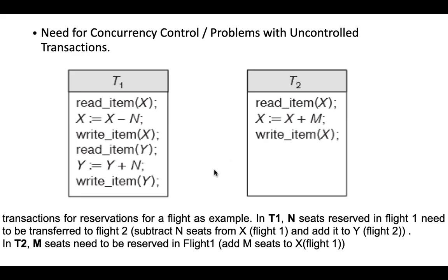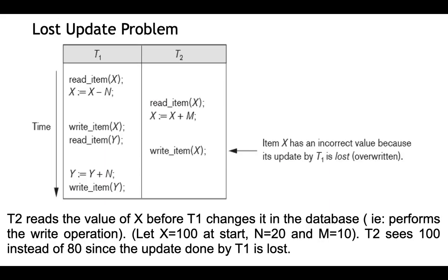Whichever example you use is okay, just try to understand the point. If T1 or T2 occurs one after the other, things are fine, but we can never guarantee that. So let's see what issues can occur when T1 and T2 occur in an interleaved manner. Interleaved means they occur together.